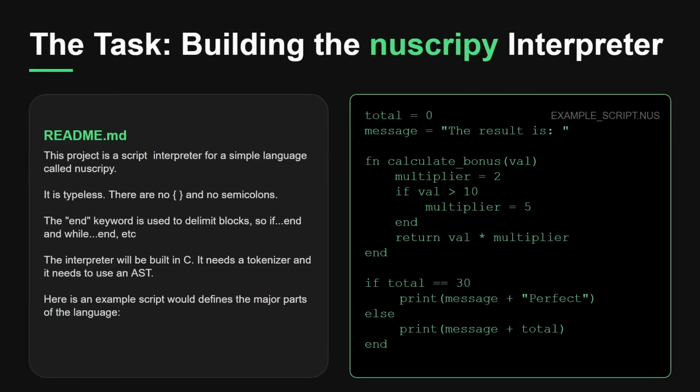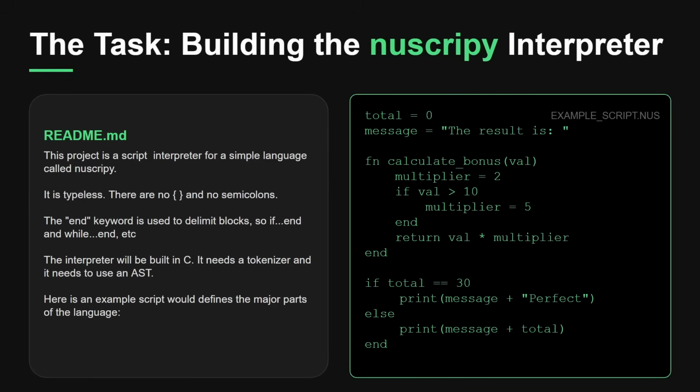So what's the task? Well, the task is to build basically a language interpreter like Python or Lua, but it's called NuScrippy, which I basically invented. You can see NuScrippy here on the right hand side, the way it works, very familiar to other kind of C inspired interpreters.